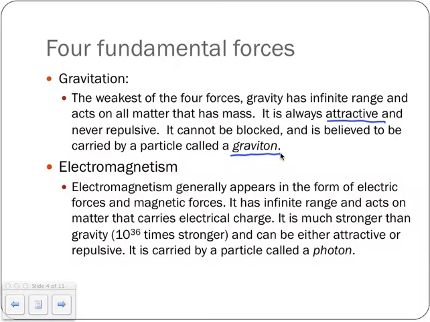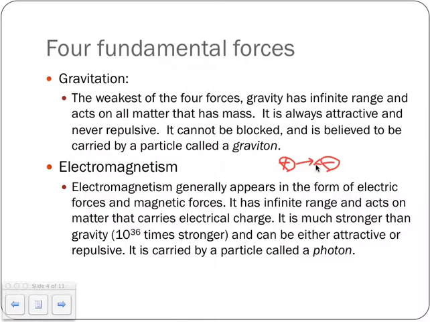The second force we've got here is called the electromagnetic force, or electromagnetism. It's probably the second most familiar force to you. It generally appears in the form of electric forces and/or magnetic forces. Electric forces are those forces where I have a positive charge and a negative charge, and these two are going to attract towards one another. That attractive force, due to two charges sitting still right here, is an electric force.